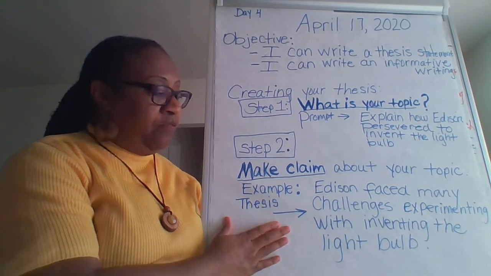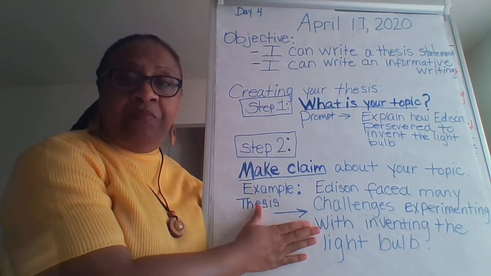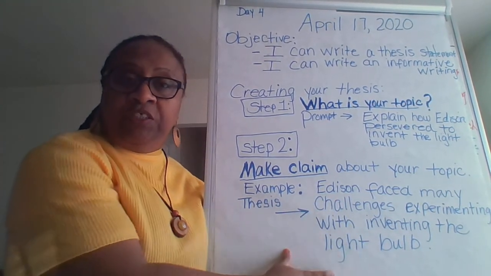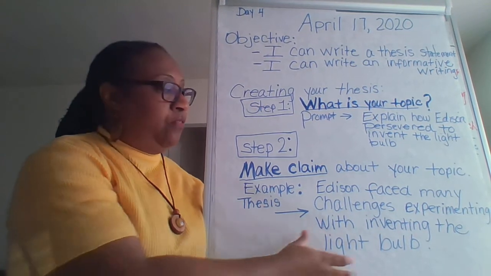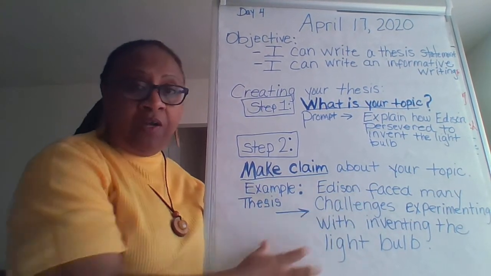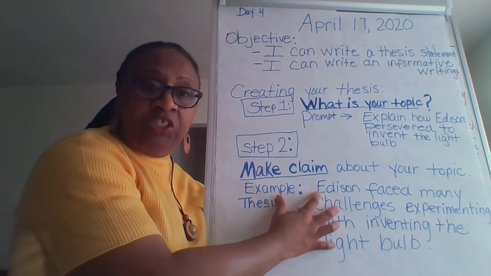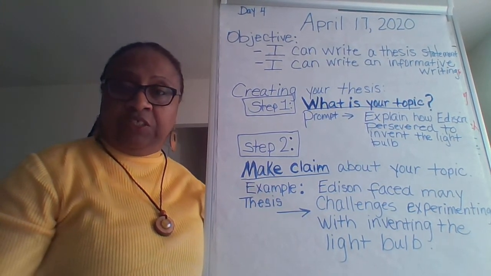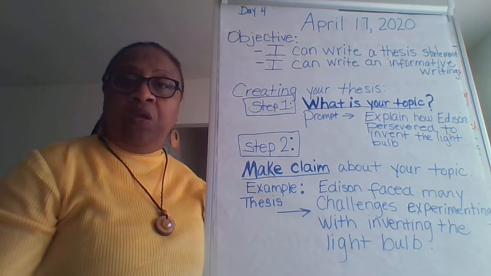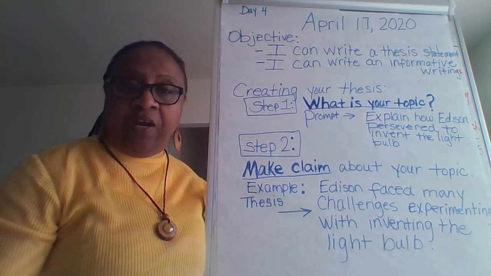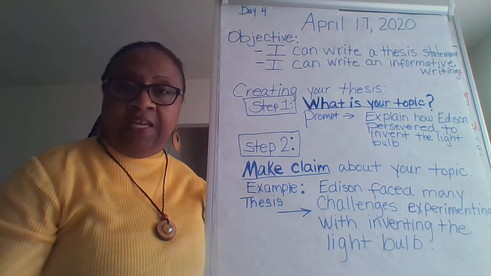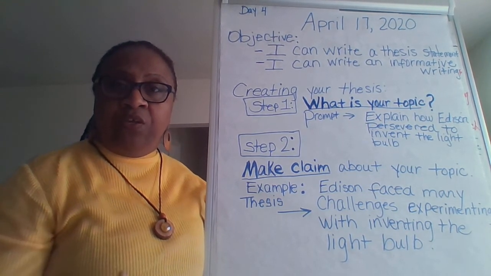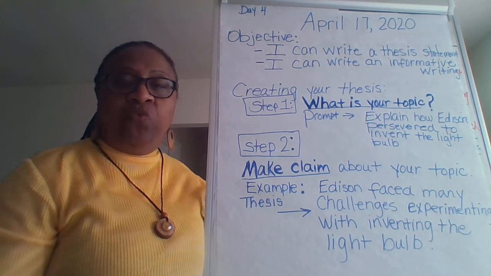Now, if this is going to be my claim, this is what I will introduce in my introduction paragraph. This is going to be a part of the introduction, not solely the introduction. So we will start our introduction as usual. We always want to start our introduction with something exciting, a very good hook that gets the reader interested and wanting to read more.